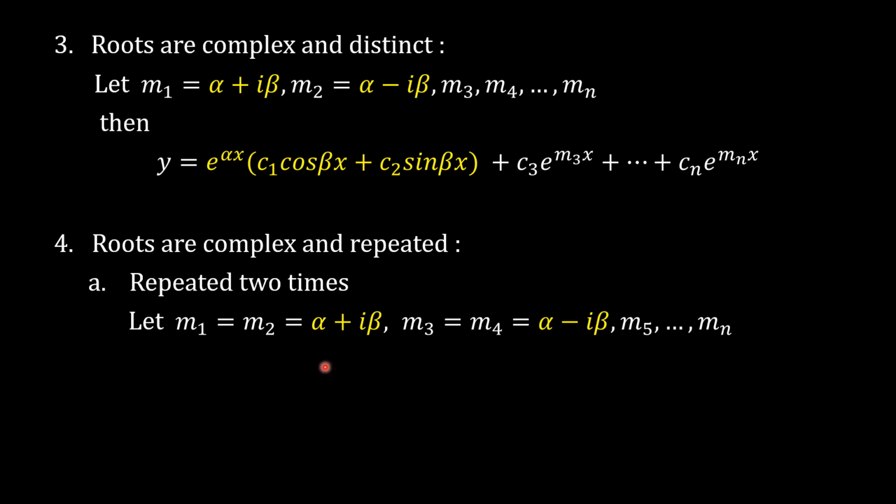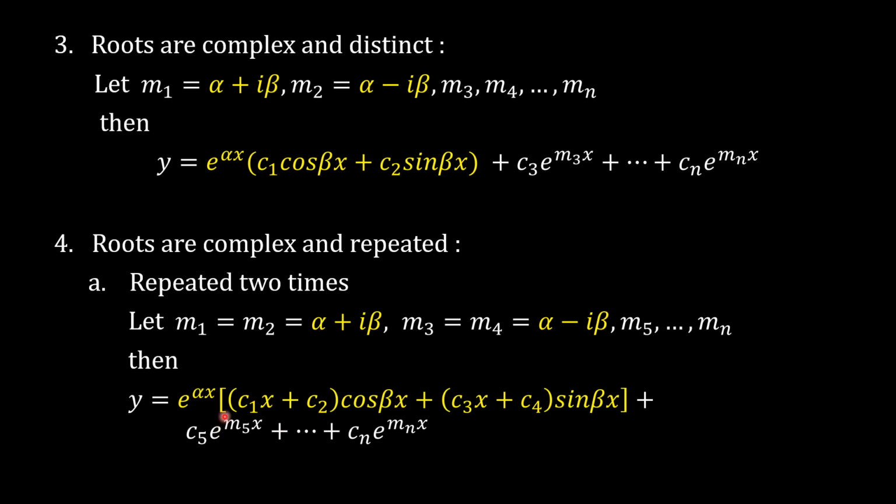Solving the expression there, we will get the general solution as e raised to alpha x into ((c1x plus c2) cos of beta x plus (c3x plus c4) sin of beta x), plus the remaining terms corresponding to the real and distinct roots. See this c1x plus c2, it is the case when the roots are repeated, c3x plus c4.